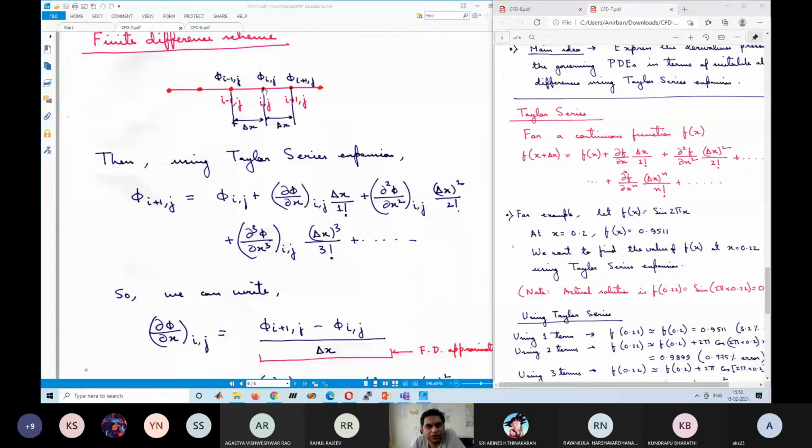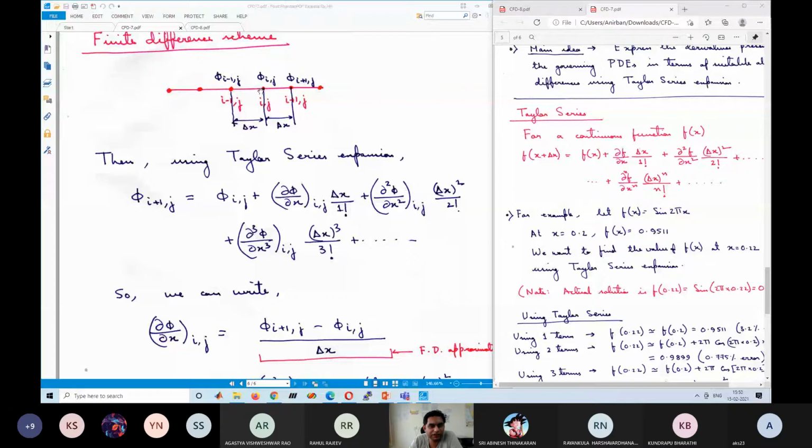For all the points, we need to discretize the governing equation. So for the ijth point, we need to find an approximation of this term del square T del x square. So we are trying to find a method of doing that.